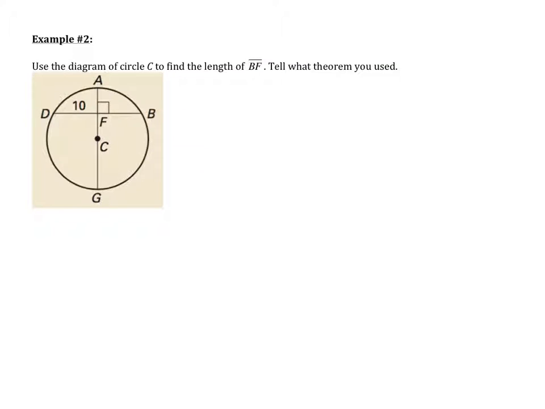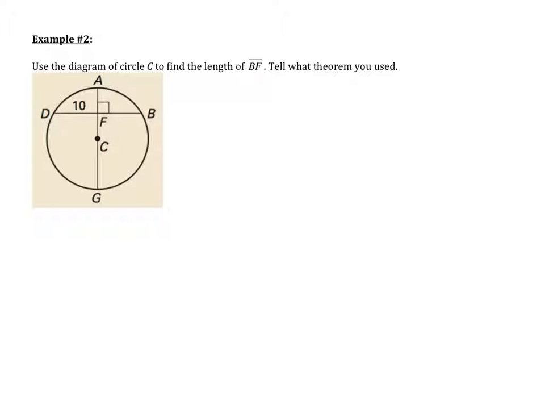So here's example number 2. Use the diagram of circle C to find the length of segment BF. Tell what theorem you used. First I noticed that I have a diameter. Here AG is a diameter since it's a chord that goes through the center. I also see that it is perpendicular to chord DB.